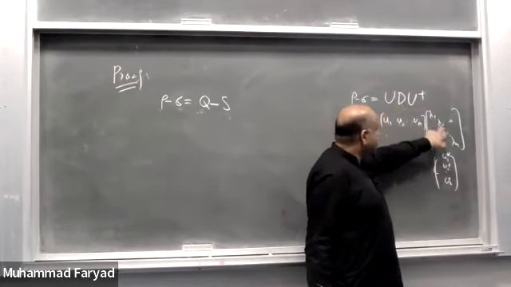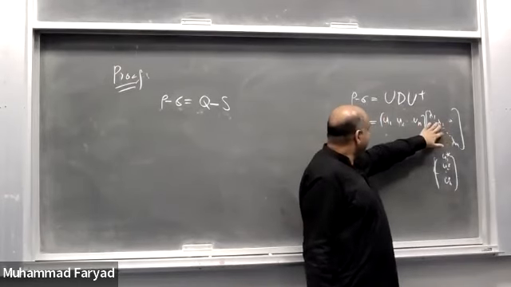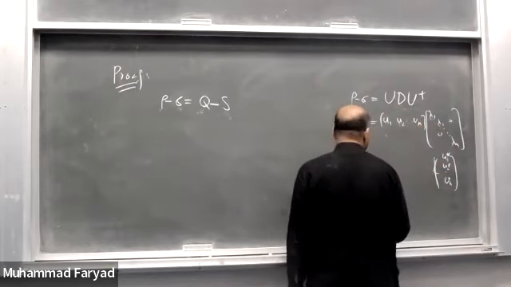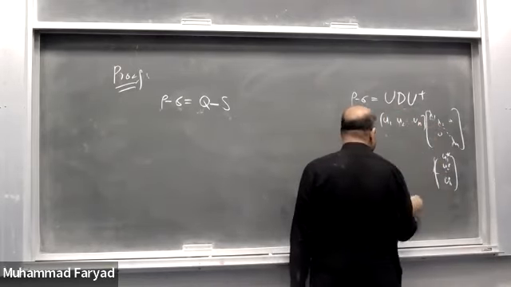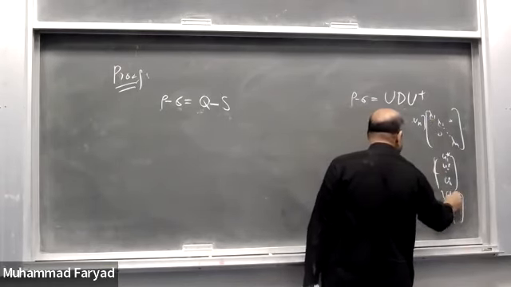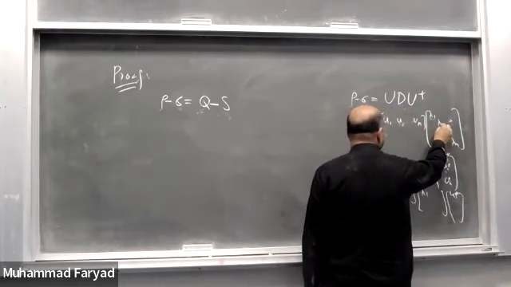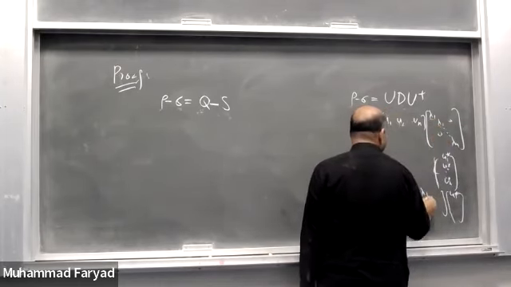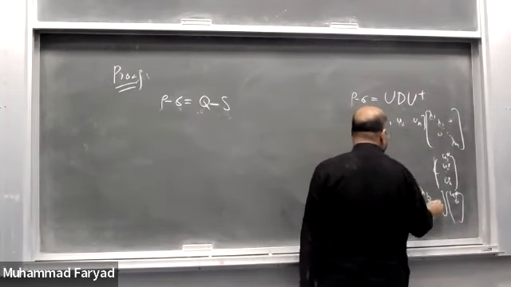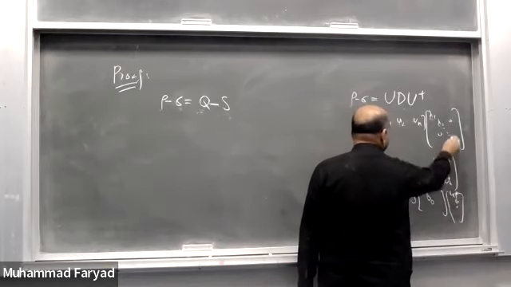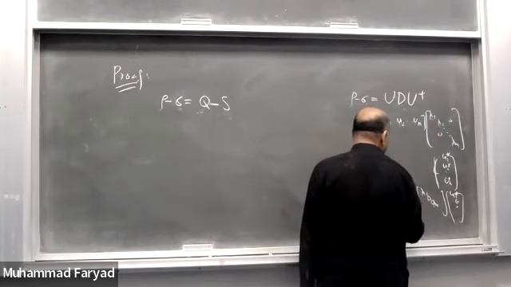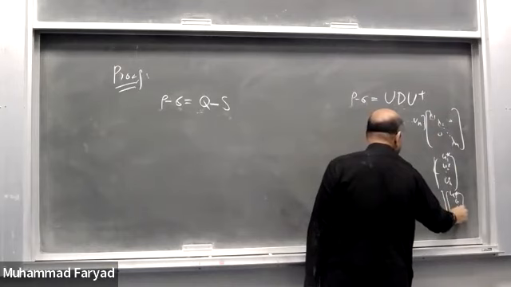Now some of these are positive, some are negative. So what I do is convert this thing into two parts. First, this one is positive, so I keep this u1 and I keep this lambda 1. This one is negative, so at this place I put 0, and here also 0. The next one is also negative, so I put 0 here and 0 here. The fourth one is positive, so I put u4, lambda 4 and u4 star.